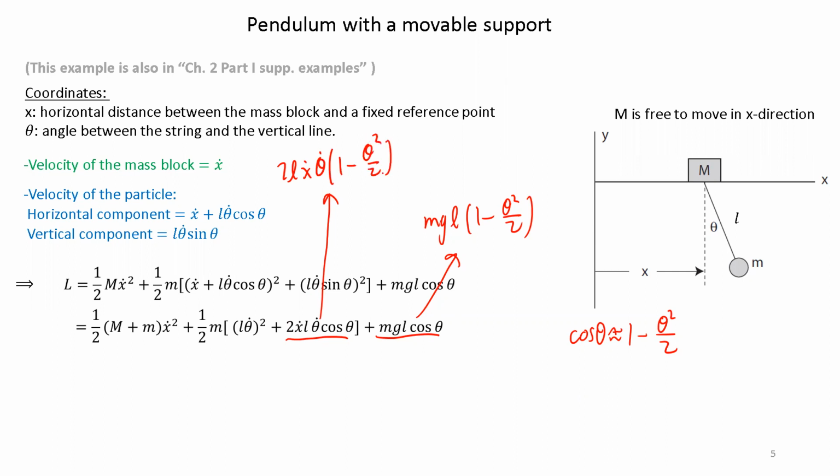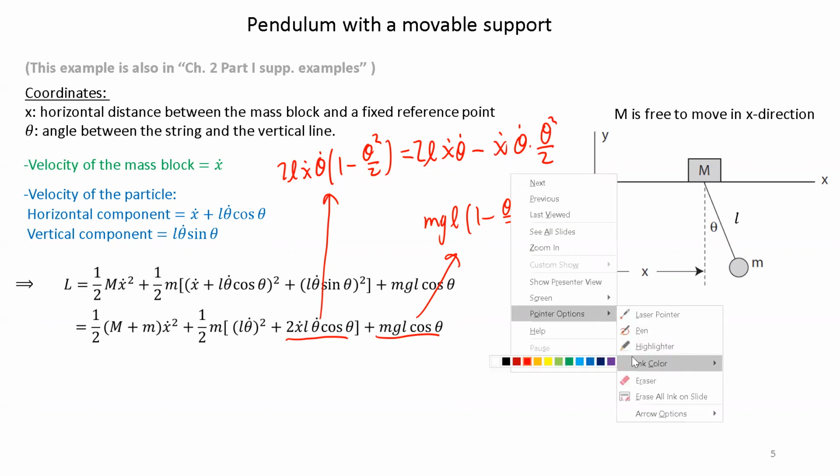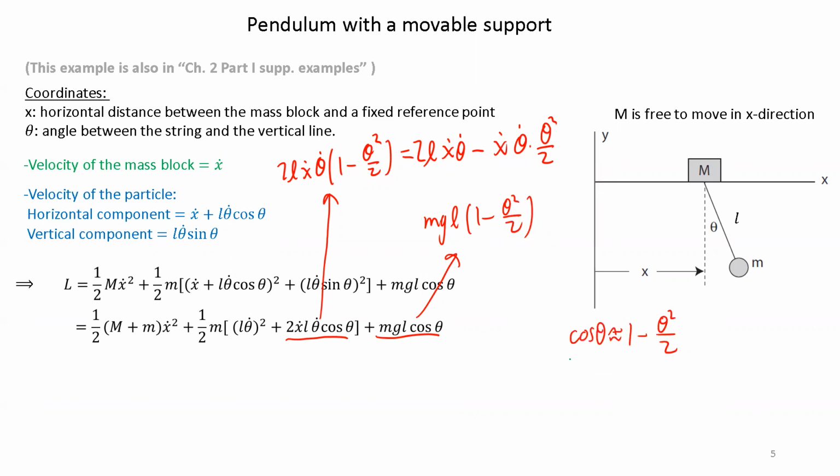That would be 2L x dot theta dot minus x dot theta dot times theta squared divided by 2. Nothing is wrong here, but what I'm going to do next is to further ignore this term. This is one more approximation that I made.